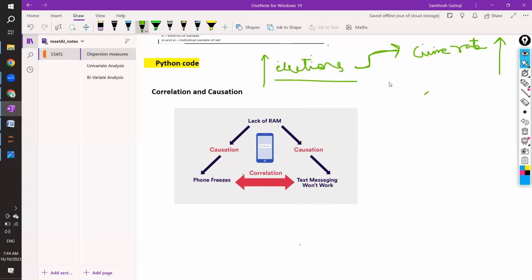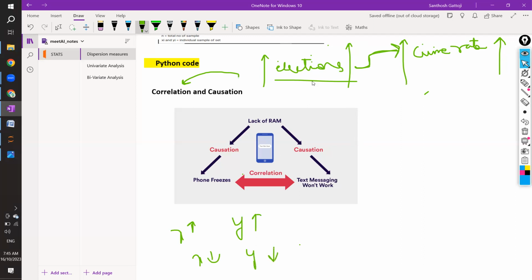But if you take this concept and try to apply the correlation, you cannot directly say that. That means if crime rate is increasing, you cannot say there are elections happening. Agree? Getting the point? Yes, sir. What is the correlation? If X is increasing, Y should increase. X is decreasing, Y should decrease, or some relationship.